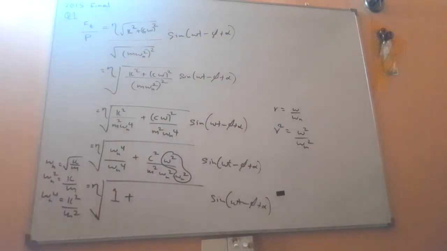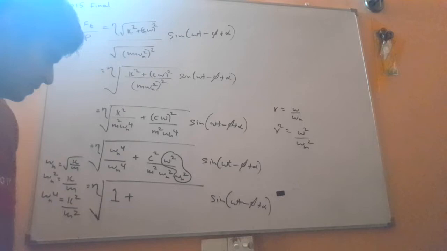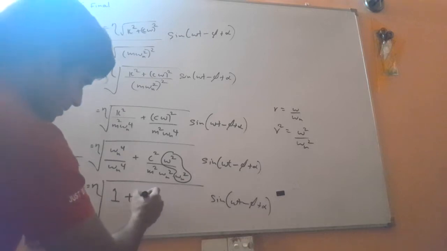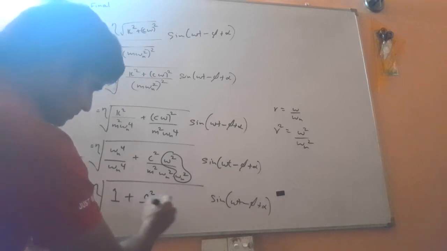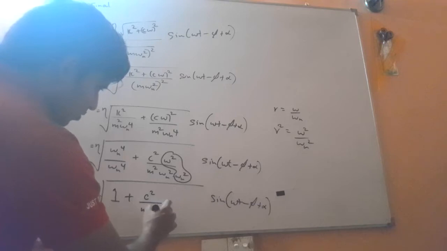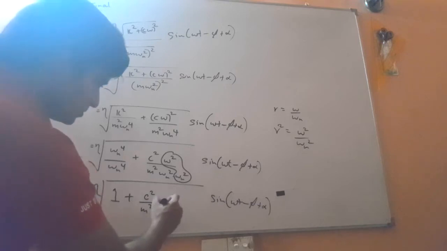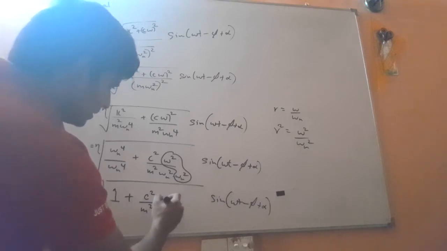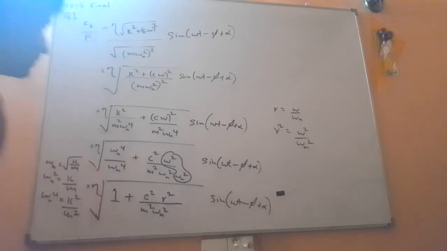Okay? So now you can write it like c squared will be there, m squared will be there, omega n squared will be there. So this part you can write like R squared. Okay? Right. So now what is next?